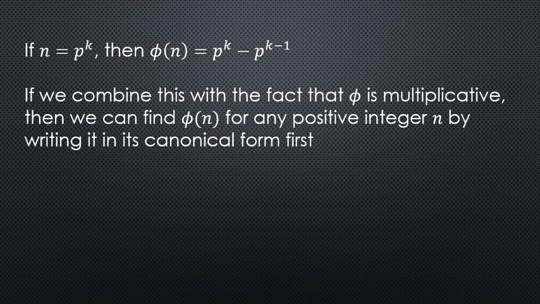So if we write n as a prime to a power times another prime to a power times another prime to a power, we can use this fact and work with each of those primes raised to their own power, come up with those results, and then just multiply those results, and you found phi for that given positive integer n.